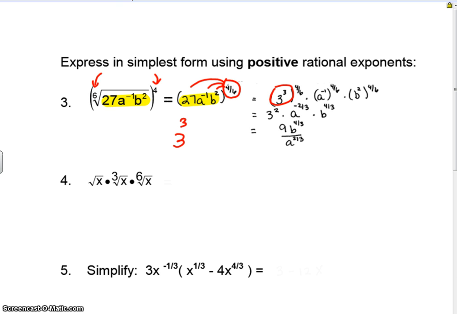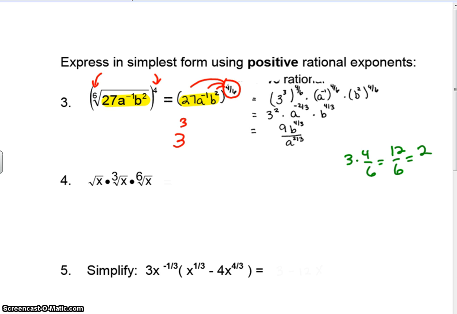the 4/6 power. The rules of exponents say whenever you have parentheses and an exponent outside, you're going to multiply these two numbers. Notice that 3 times 4 over 6 is going to equal 12 over 6, which is equal to 2. That's where that 2 came from.